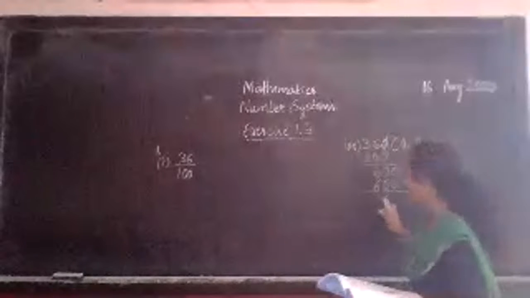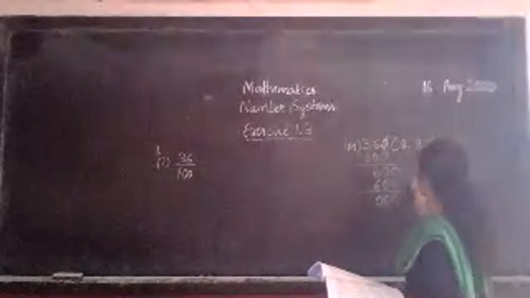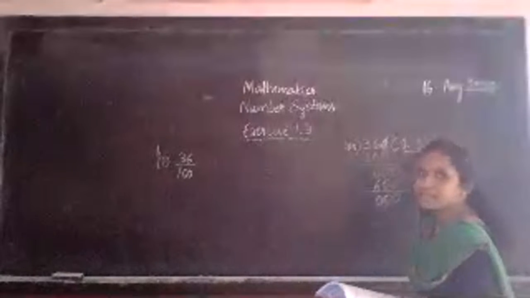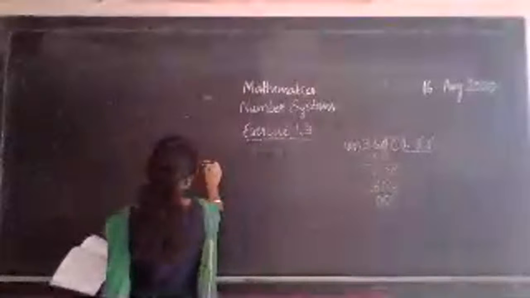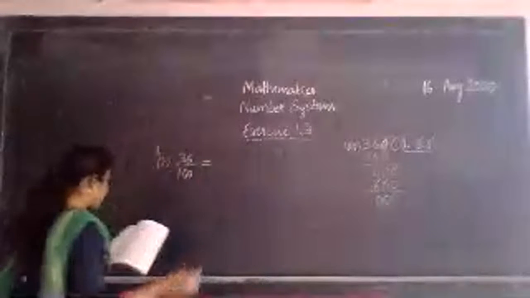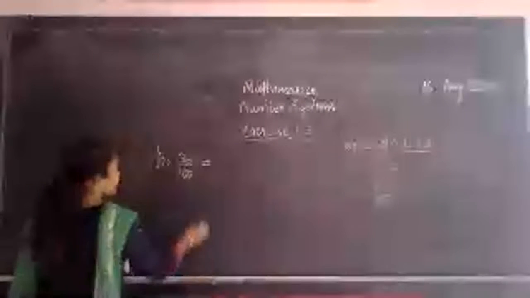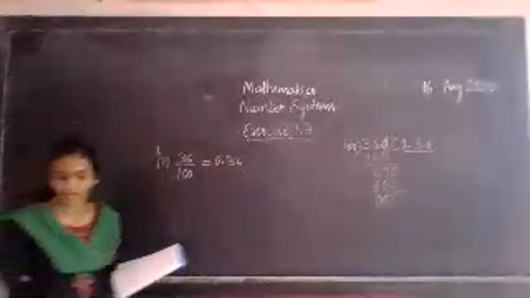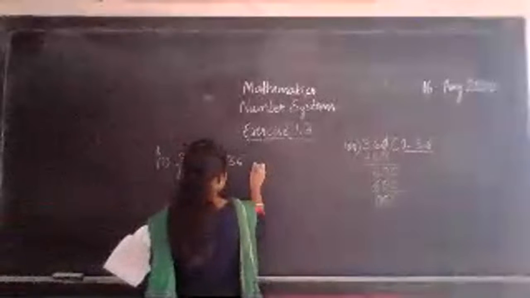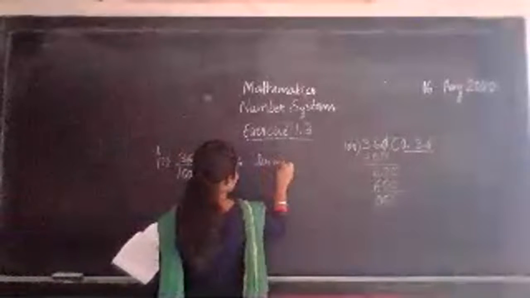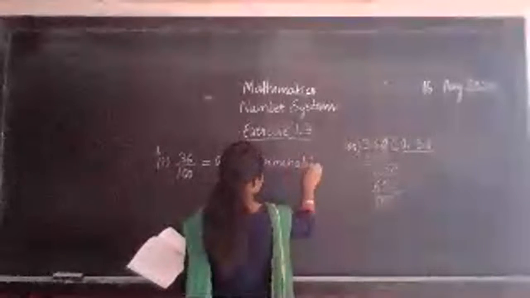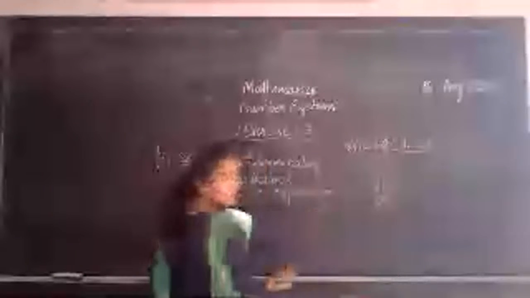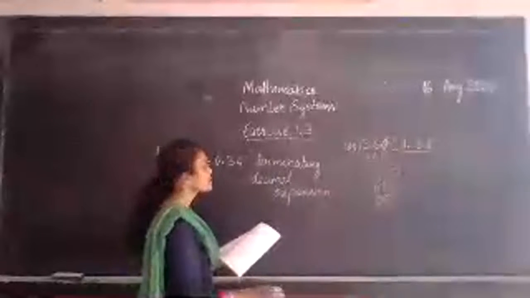Since the remainder is 0, the decimal expansion ends here. Therefore, the decimal form is 0.36 and it is a terminating decimal expansion.